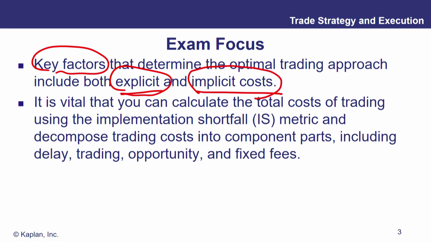What the material reminds you is that there are also implicit costs. And in fact, these implicit costs are most likely much, much higher than your explicit commission cost. And quite honestly, you can't just pick a company that executes at the lowest cost. That is not the definition of best execution that we're going to get to soon.